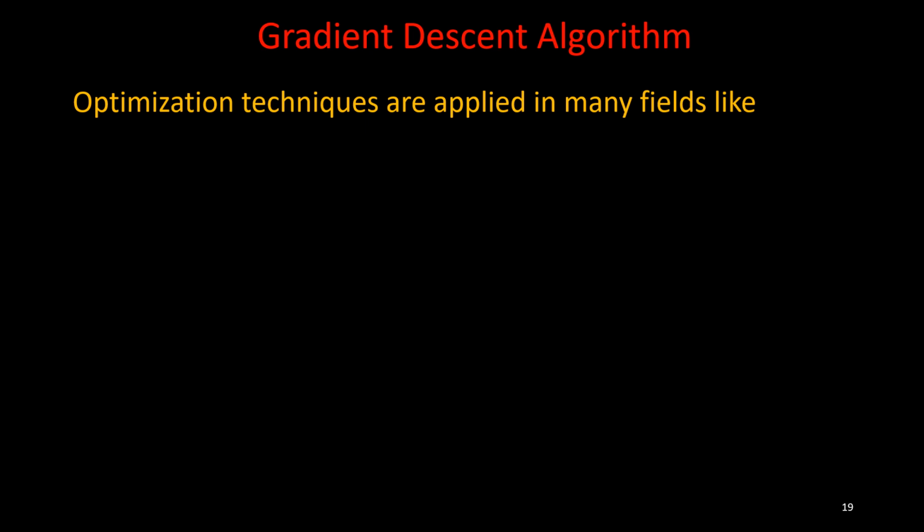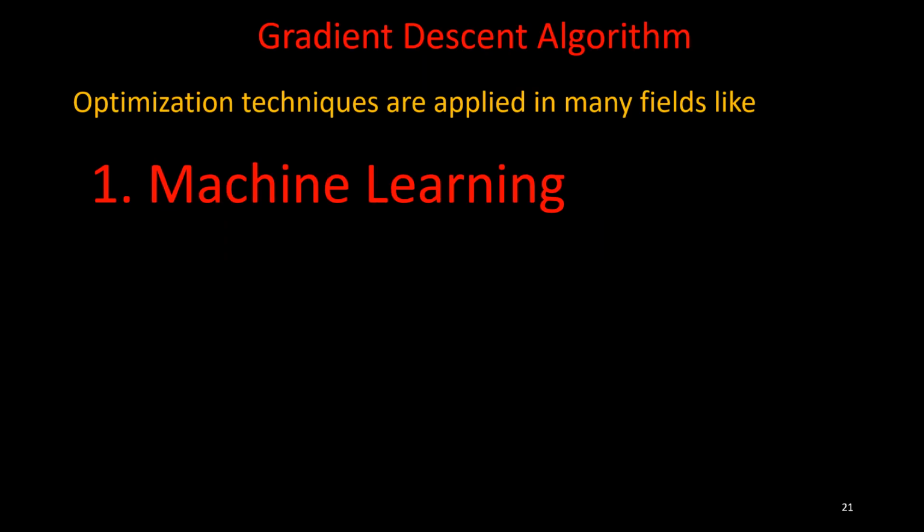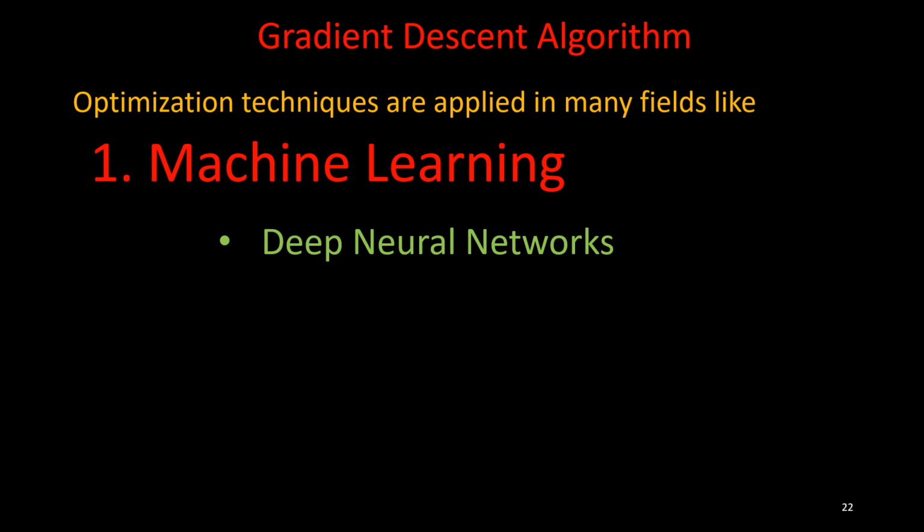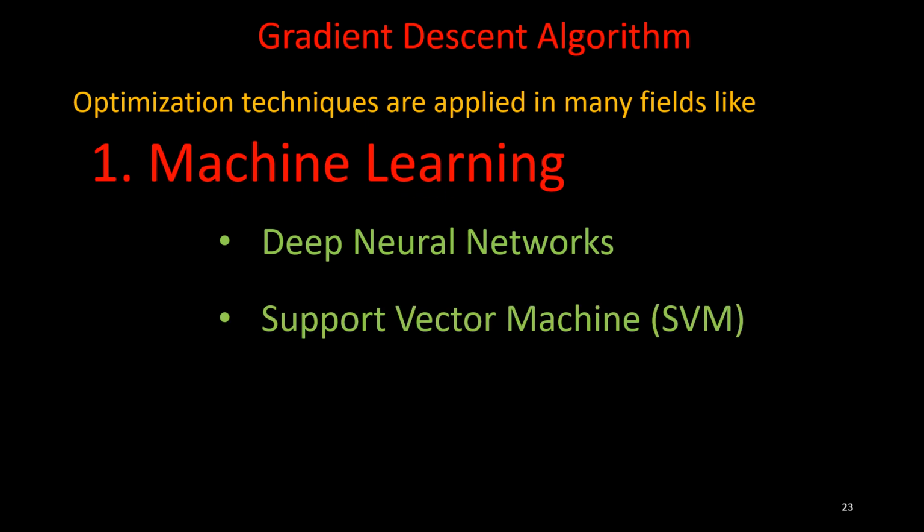Now, we'll start gradient descent algorithm. So this optimization technique is used in many fields, like in machine learning. In machine learning, deep neural networks, support vector machine, logistic regression.